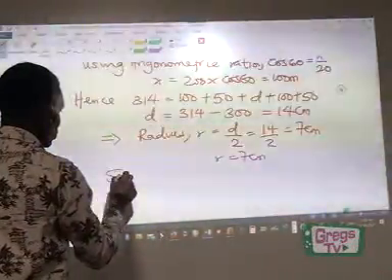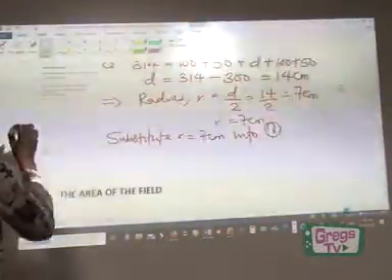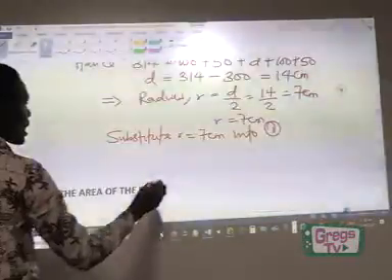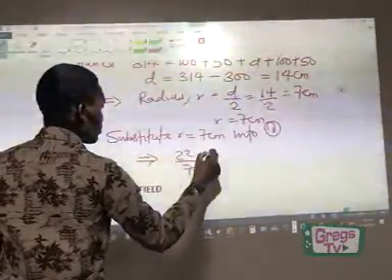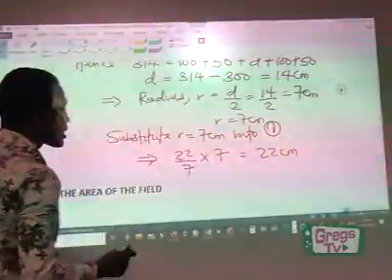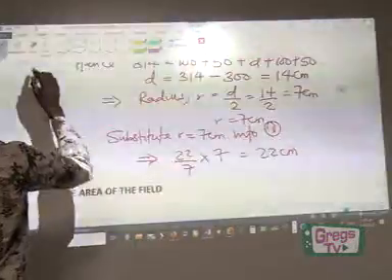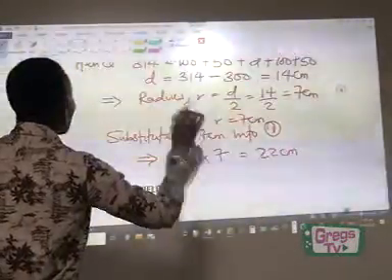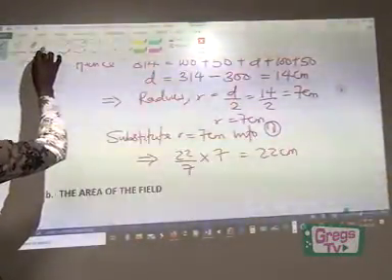So substitute: 22 over 7 times R. So that will automatically give you 22 over 7 times 7, and that's 22 cm. So the perimeter of that semicircle is 22 cm. So that means I'm going to add 22 cm with every other value there.